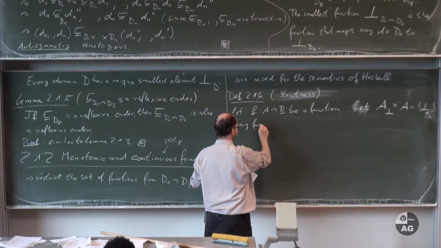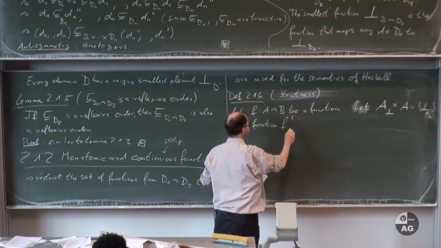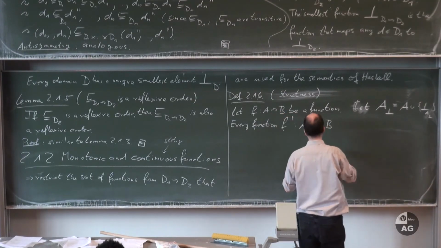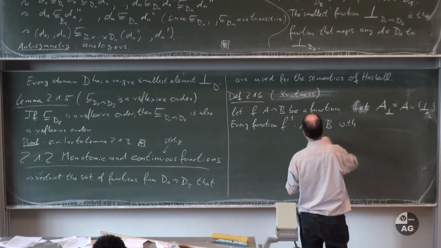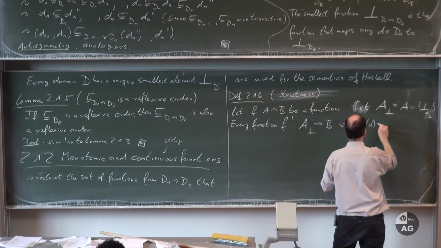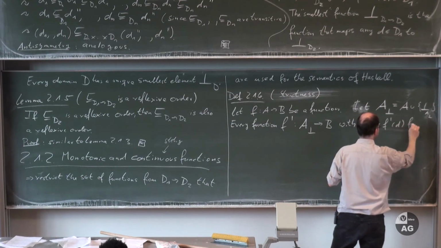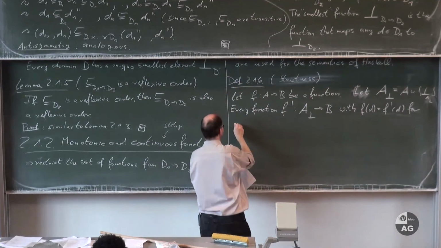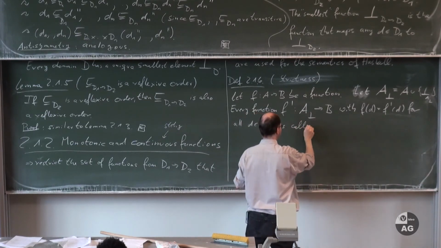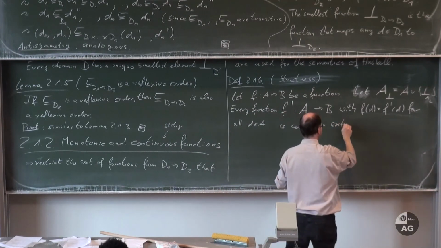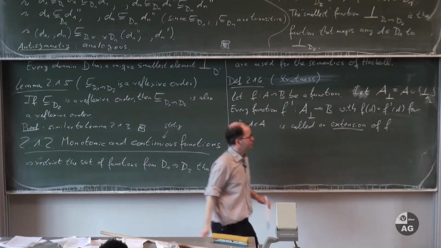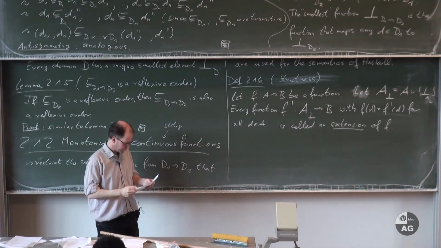So every function f prime, which goes from A bottom to B, and which operates like f on all elements of A, so f of d is the same as f prime of d for all d from A, every such function is called an extension of f. So it simply means that we extend f to work also on bottom.